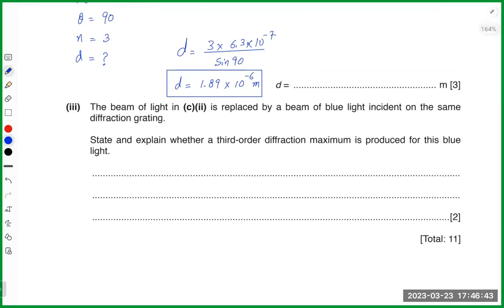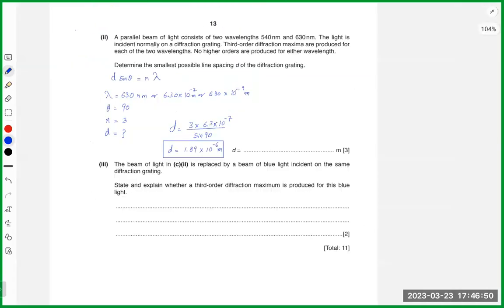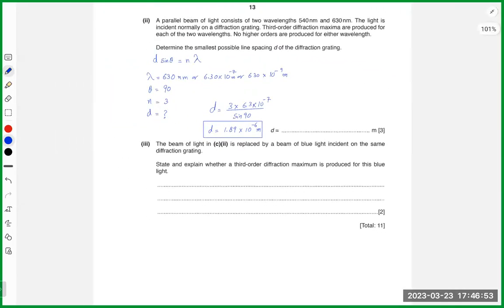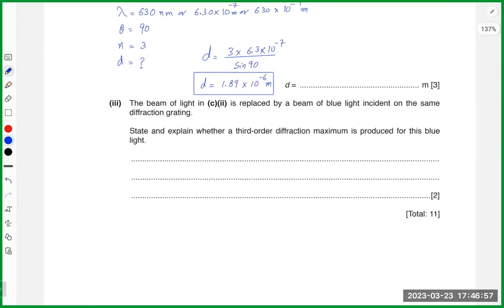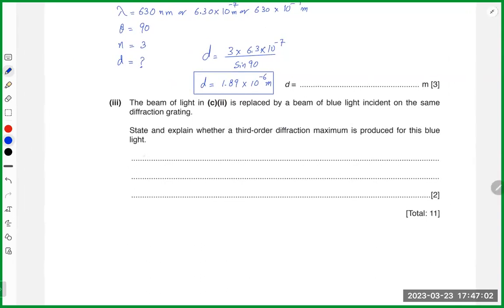The beam of light is replaced by a beam of blue light incident on the same diffraction grating. State and explain whether the third order diffraction maximum is produced. Blue light has smaller wavelength.